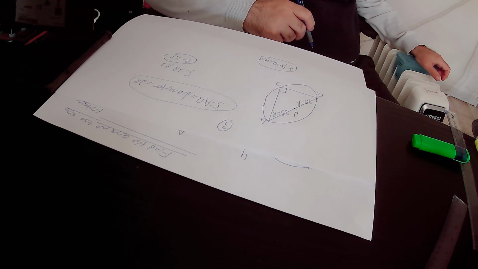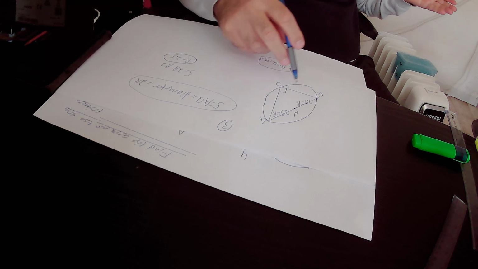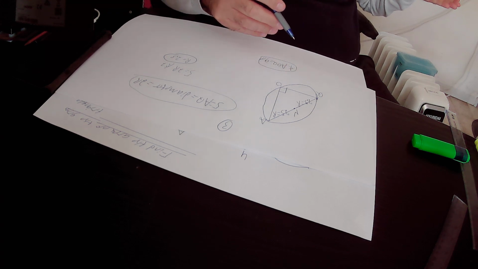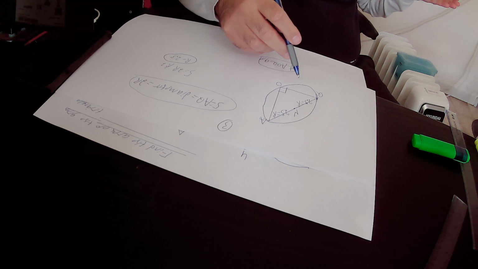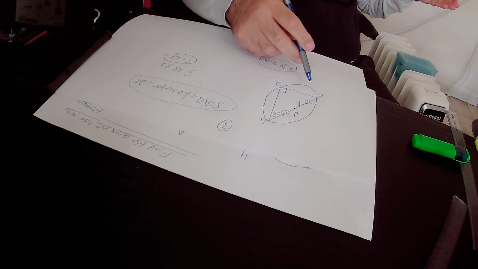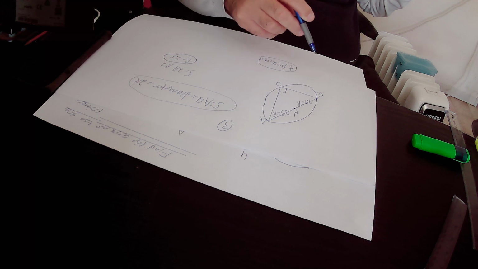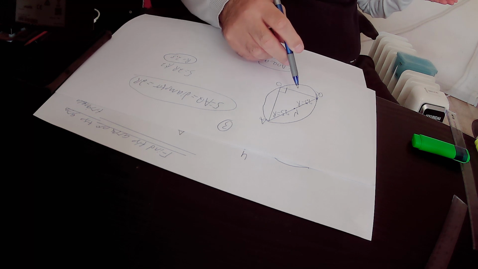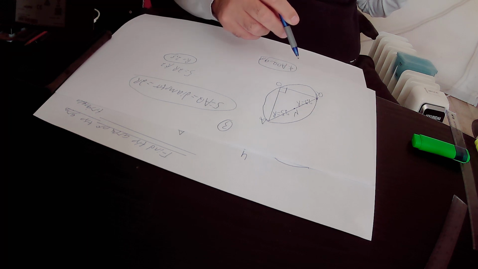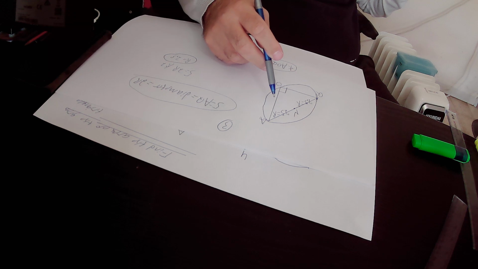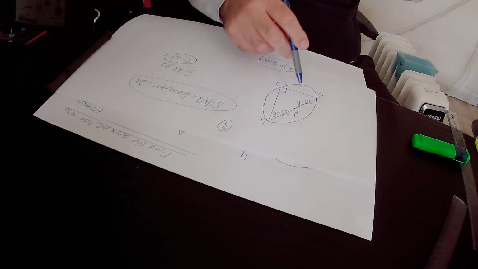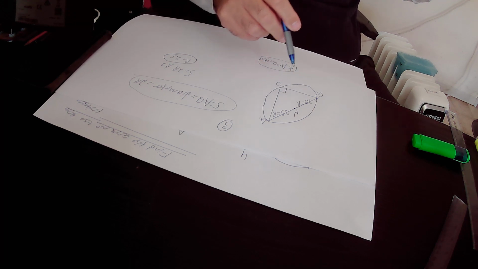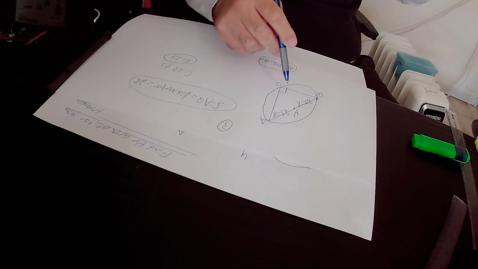Because of the fact that QA is the diameter, and NO equals 2.5, and the radius of the circle also equals 2.5, therefore QN must be the radius of the circle, and for the same reason NA, which also equals 2.5, must be the radius of the circle.